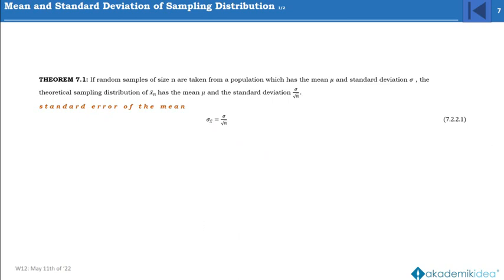The standard error of the mean plays an important role in inductive statistics because it measures the variation of the theoretical sampling distribution of sample means. In other words, it tells us how much sample means can be expected to vary from sample to sample.